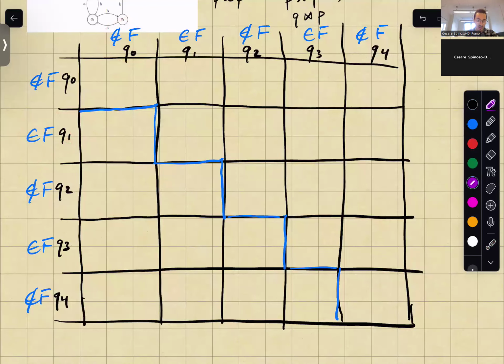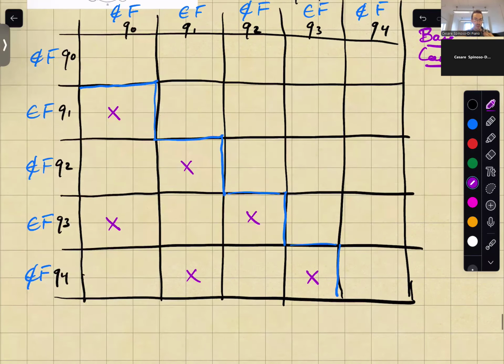I will mark distinguishable states with an X. Q2 and Q0 are both non-accept states, so I'm not going to mark it. Q3 and Q0 are different in terms of accept states, so I'm going to mark it. And I'm going to redo this for all the other pairs of states that are accept and non-accept. Okay, so now I did the base case in purple.